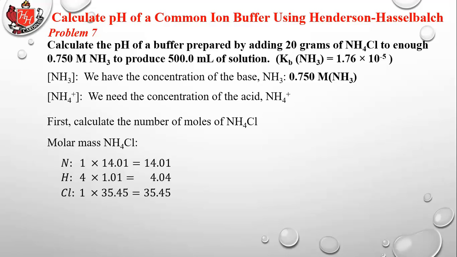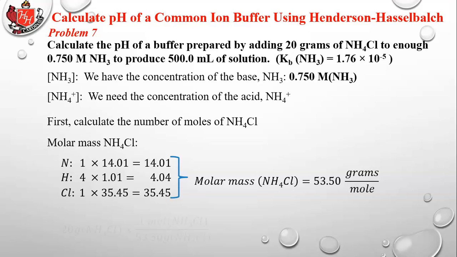Even though the chlorine is a spectator ion, it's going to break off and float off to the side, you still have to use it to compute the molar mass of the ammonium chloride molecule. So you add all that up, and the molar mass of ammonium chloride is 53.5 grams per mole.